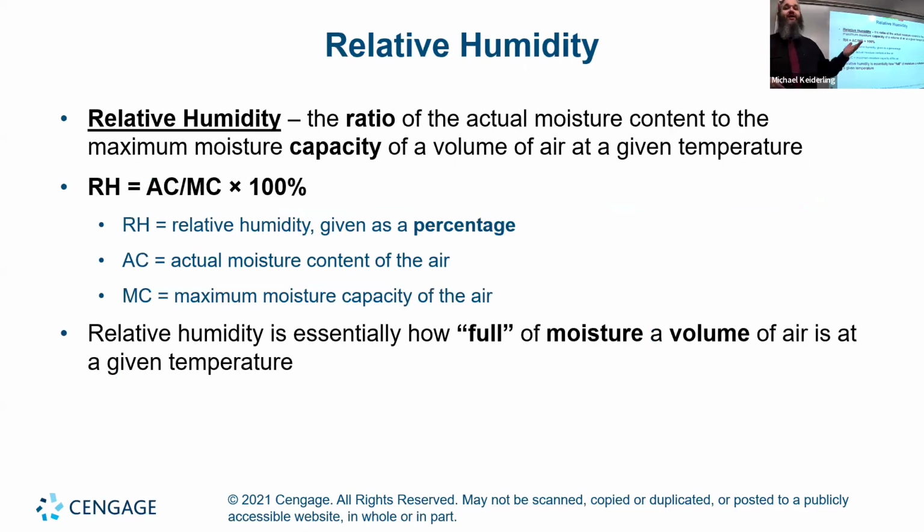So relative humidity is the ratio of actual moisture content to the maximum moisture content capacity of a volume of air at a given temperature. And relative humidity is how full of moisture a volume of air is at a given temperature.